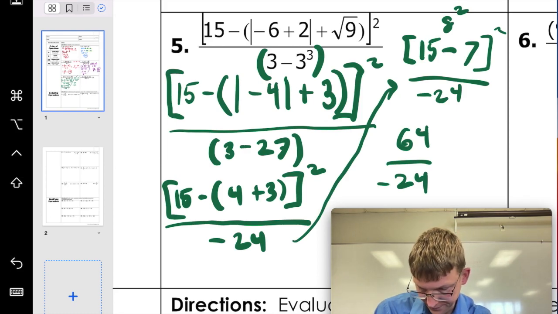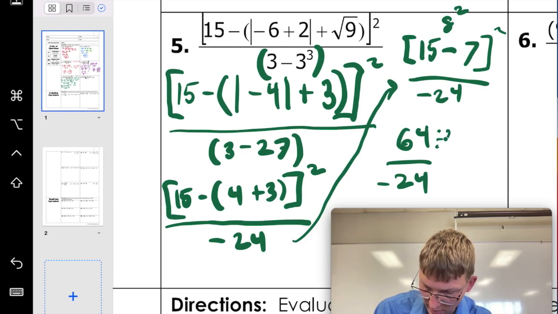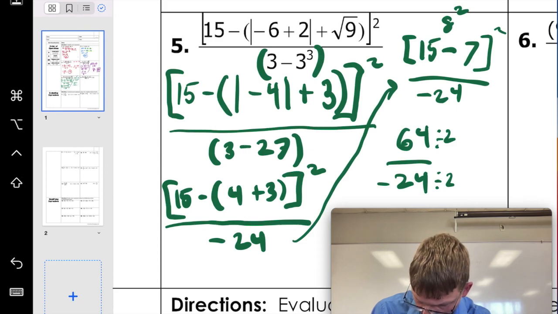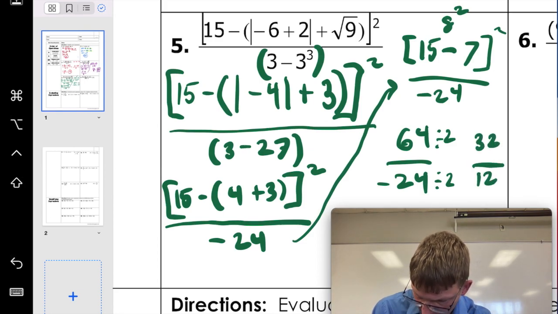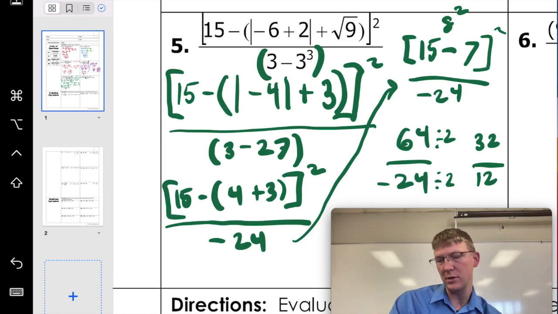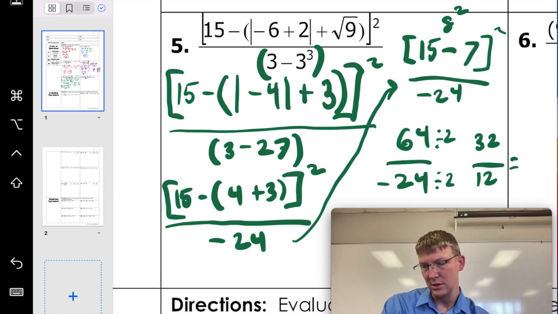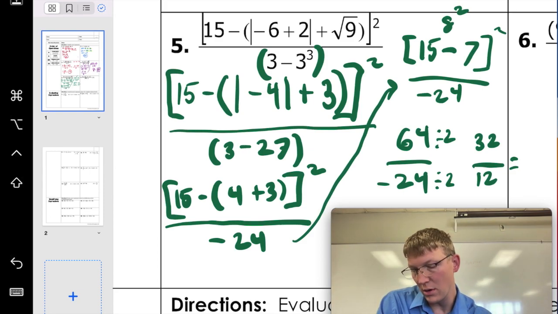I don't know, let's just pull a 2 out. So I'm going to divide the top and the bottom by 2. So I've got 12 over 32, which can be further reduced. Again, I just like to divide by 2 is the thing that I do. So let's see here, 15 times 2 is 30.